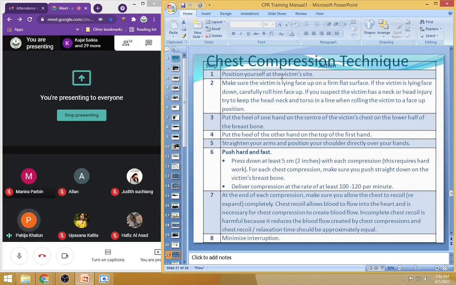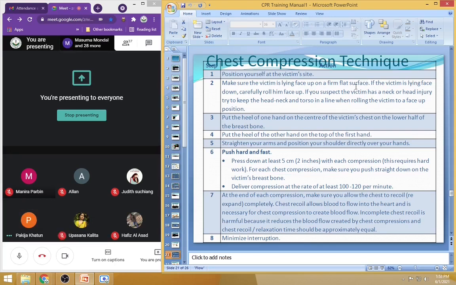Position yourself at the victim's side. Make sure the victim is lying face up on a firm flat surface. A firm flat surface means that when you are planning to do CPR, the floor where the patient is lying should be firm.